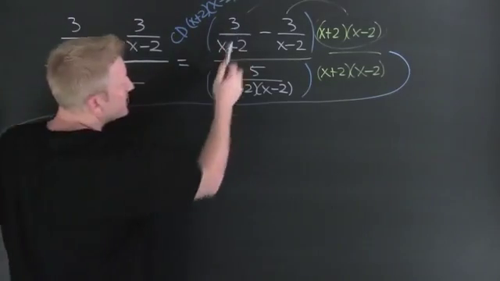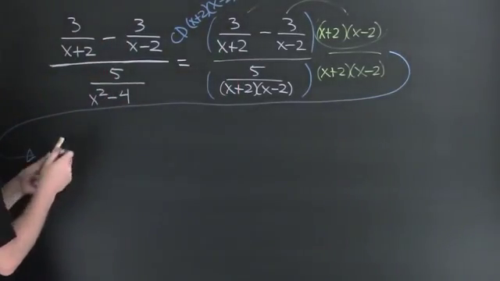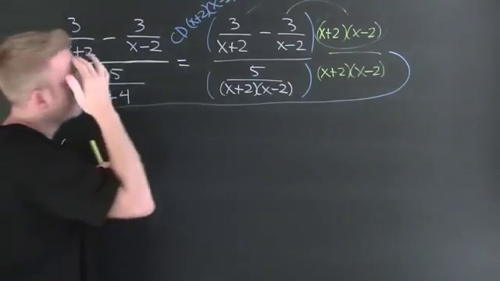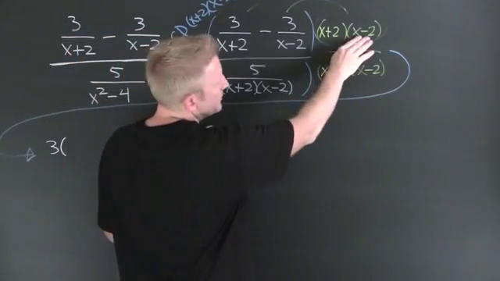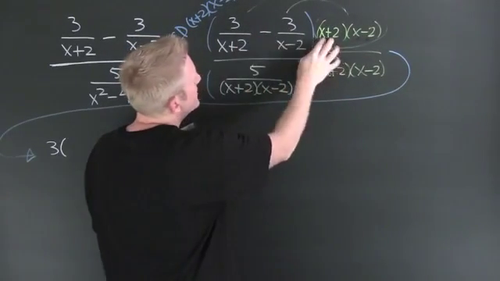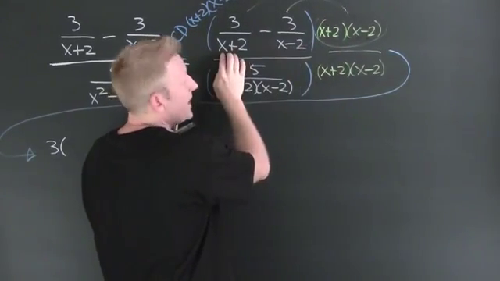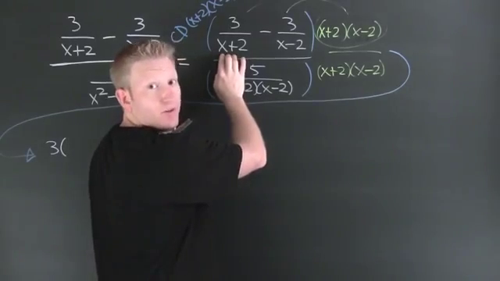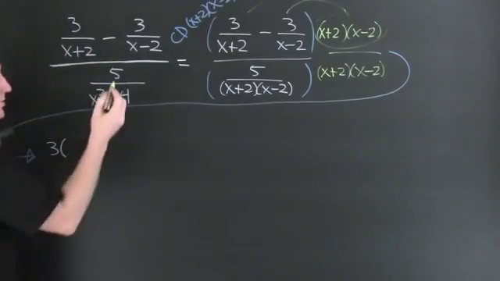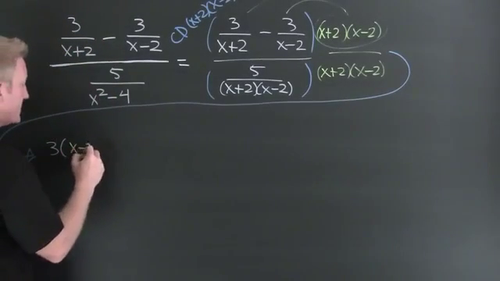Here I see I'm going to have 3 times x minus 2. Why? Because the x plus 2 is going to cancel, or reduce, with the x plus 2. So then you have x minus 2.